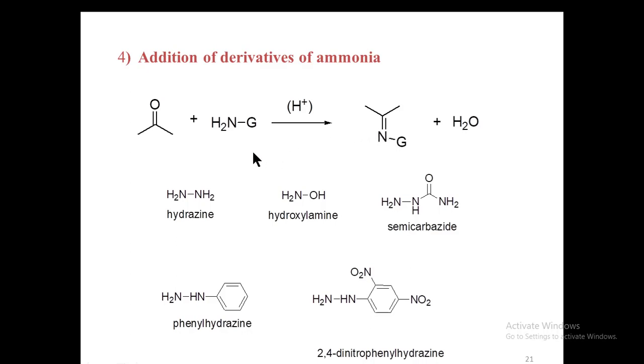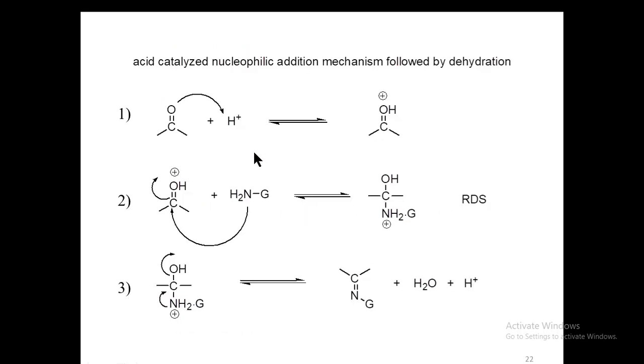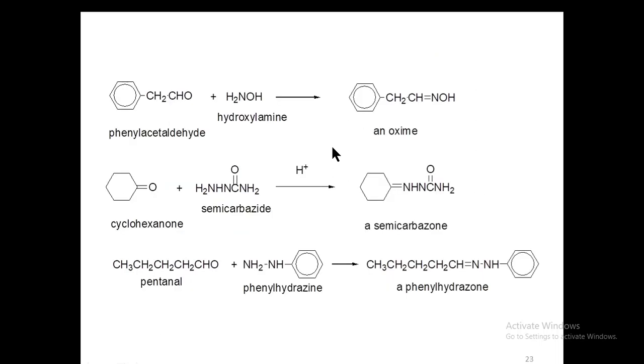Different groups can be obtained from the addition of ammonia derivatives. That may be imine, hydrazone, and semicarbazone. Also oxime.